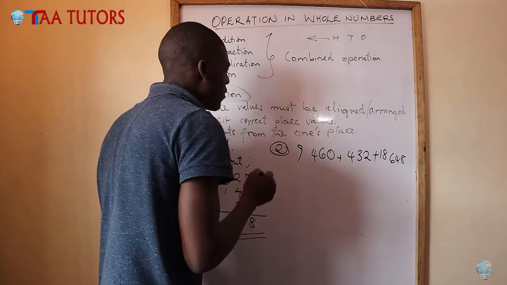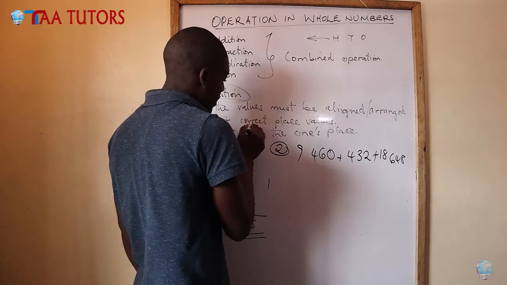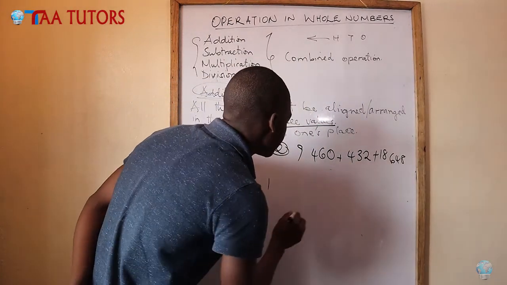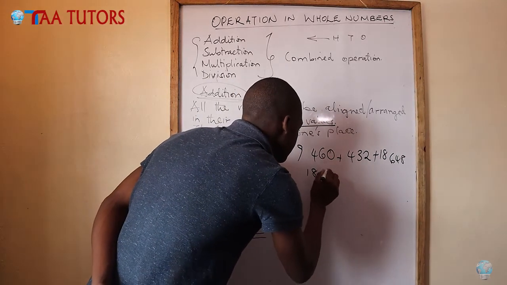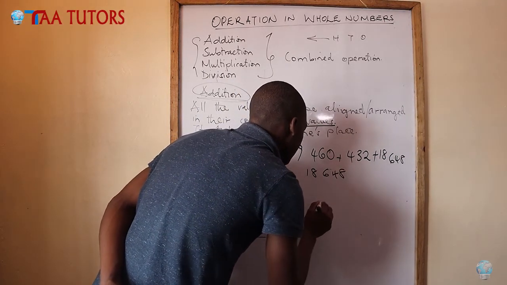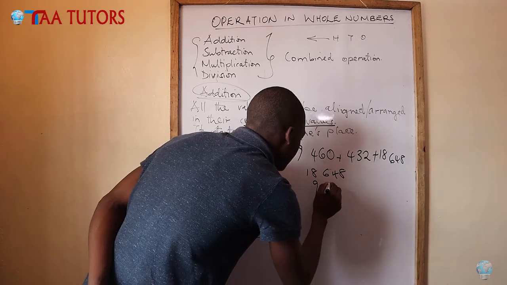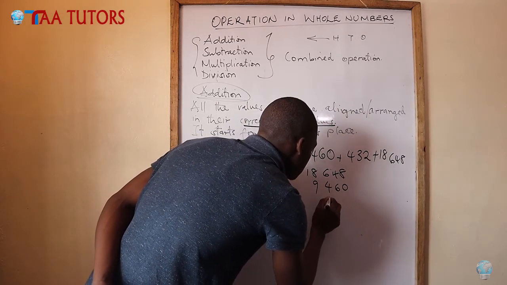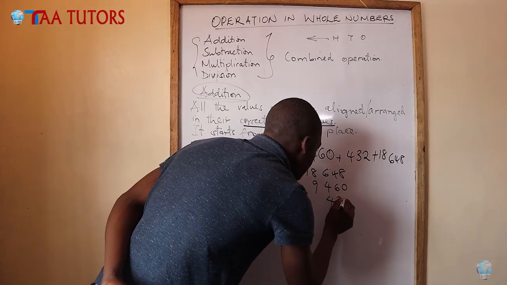In this, we always obey correct place value. So we will start with the biggest, which is 18,648. We move to 9,460. Then we go to 432.